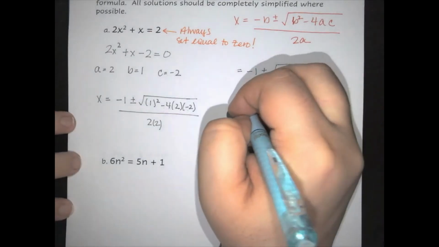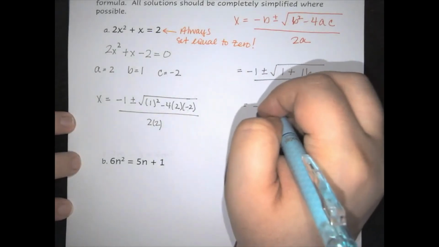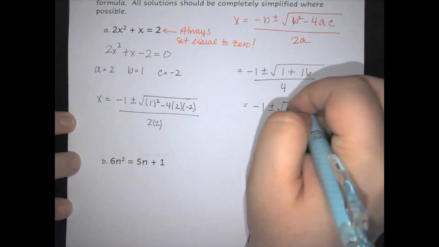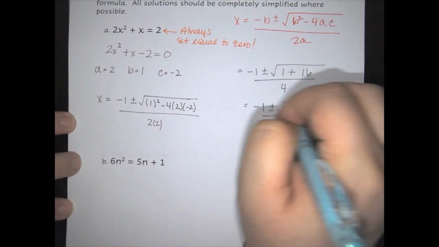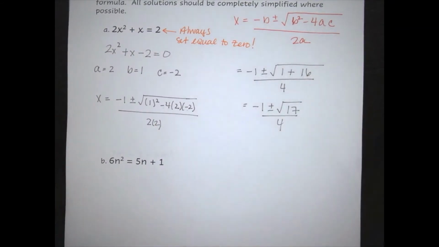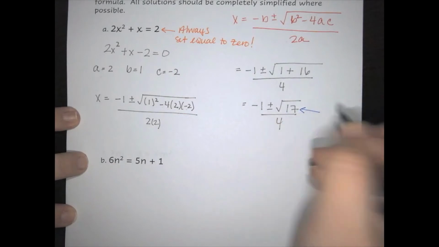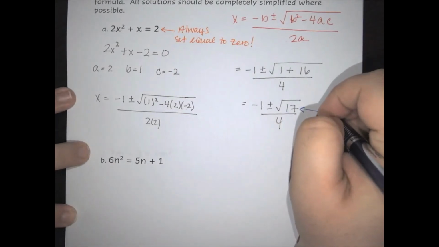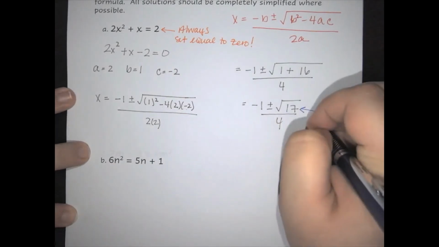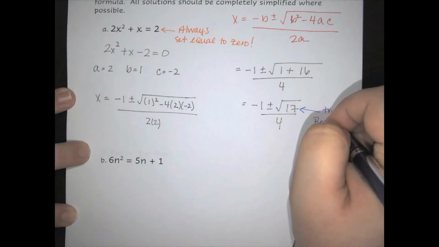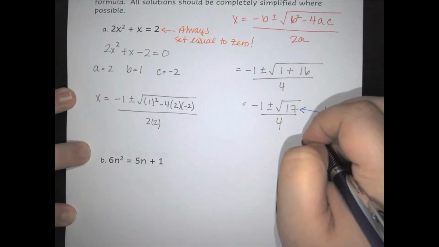So here this is going to end up reducing to negative 1 plus or minus the square root of 17 all over 4. Now once you reduce your radical down as far as it can go, you need to look at this piece here and try to reduce completely.